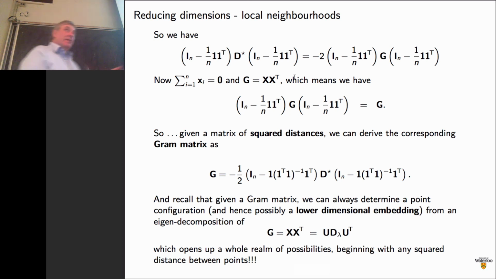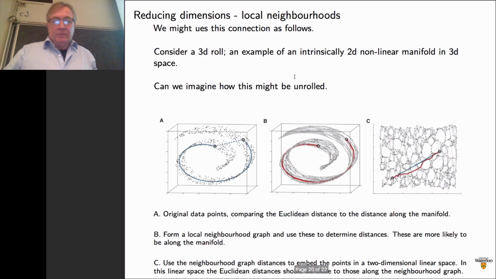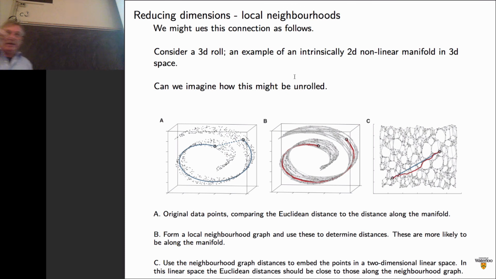Okay, so that's the story. You can start with distances, or squared distances, and you can get to the gram matrix. That's a cool thing. Why is that cool? Well, it might be another way of thinking about dimensionality reduction.